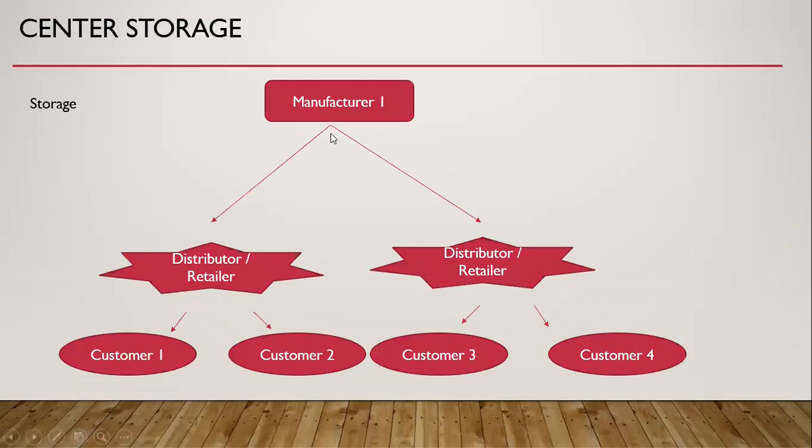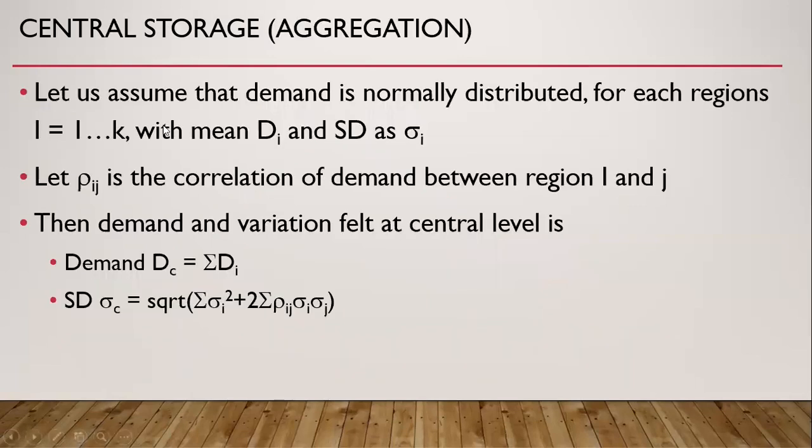Now, when there is central storage or demand aggregation, that is the storage at the level of the manufacturer, and there are distributors in various geographical regions but the storage is at central level, let us see how to calculate safety stock for this scenario. Let us assume that demand is normally distributed for each geographical region i equal to 1 to k with the mean of di and standard deviation of sigma i, and let rho be the correlation of demand between region i and j.